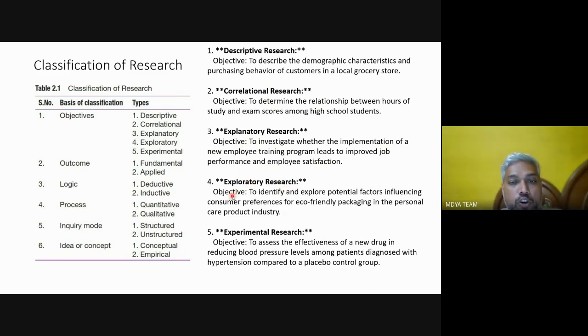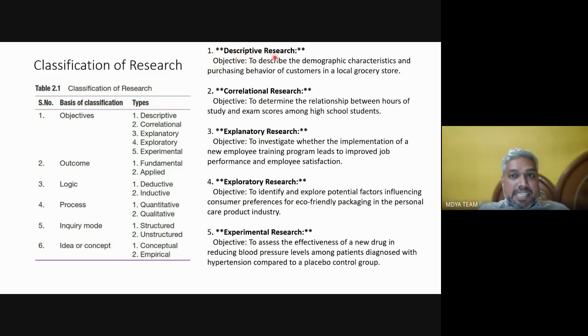Exploratory research objective: to identify and explore potential factors influencing consumer preference for eco-friendly packaging in the personal care product industry. And experimental research objective: to assess the effectiveness of a new drug. So these are the words which are very important when you start writing your objective.